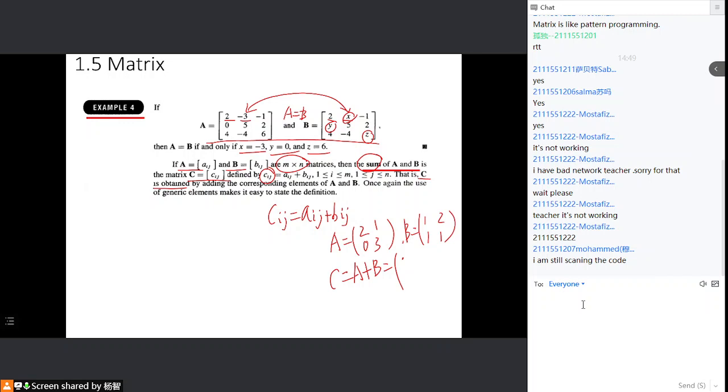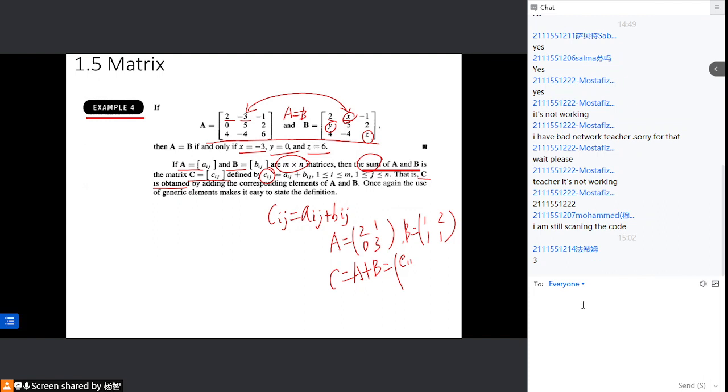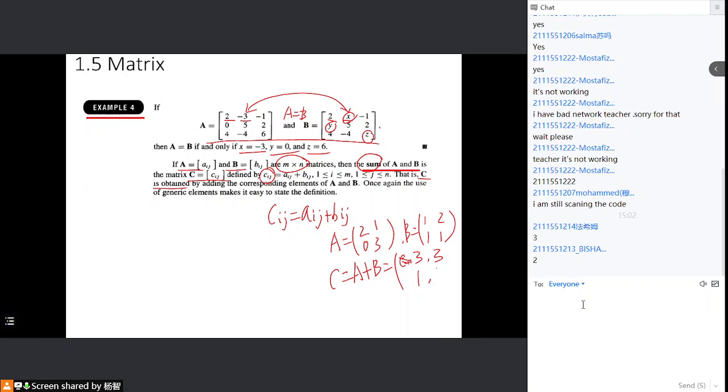The first element, C11, equals what? C11. Yes, 3, and then 3, and then 1, and then 4. Okay, so this is the sum of two matrices.